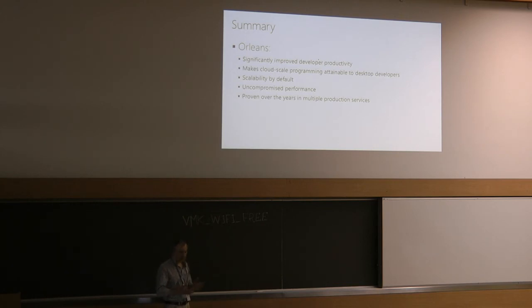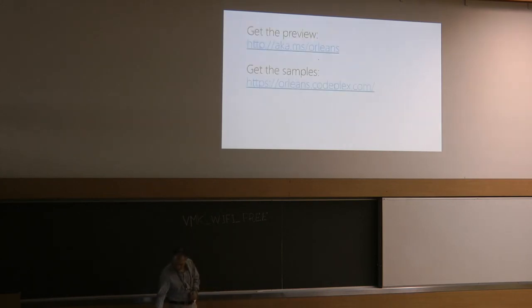And it does scale by default. Even if you artificially create a bottleneck, it's easy to remove it in this kind of approach because you've already partitioned your state by going with fine-grained actors. So we've proven it in production for years, and now it's available outside of the company as a public preview. I think I have links here, yeah. And I think it was in the description of the project with links to the sites, but just in case.